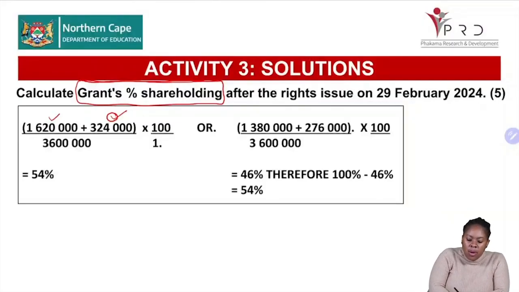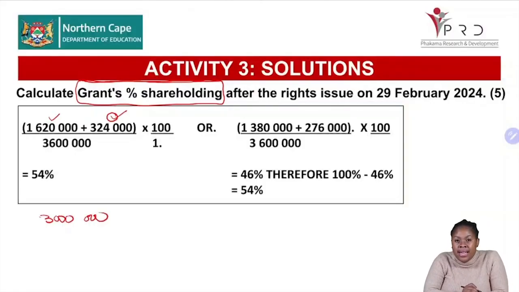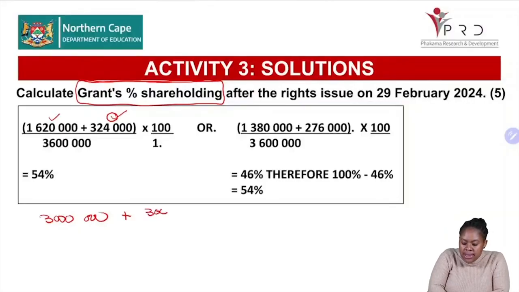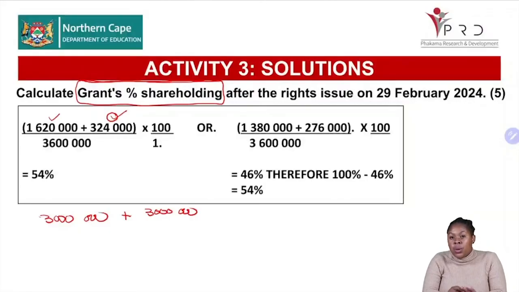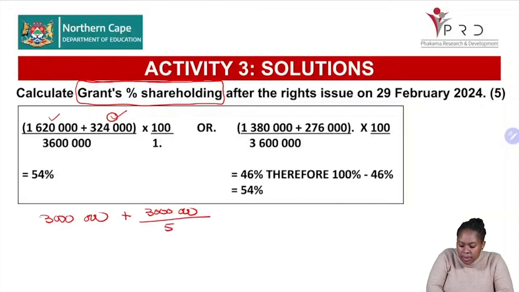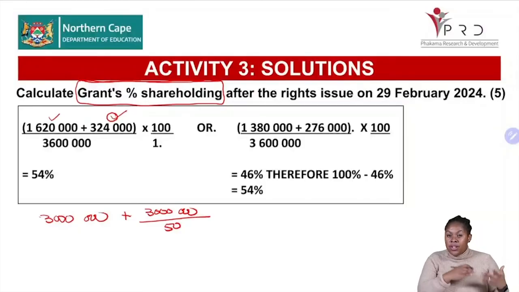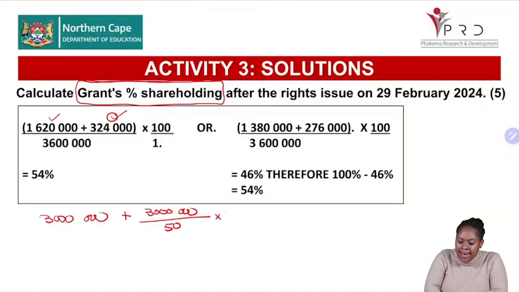The number of shares that were in issue at the time were 3 million at the beginning of the financial year, and they gave all the shareholders an opportunity to buy more shares. How do they calculate those shares? The 3 million shares in issue, divided by 50, because for every 50 owned by a specific shareholder, multiplied by 10, they will get 10 of that.